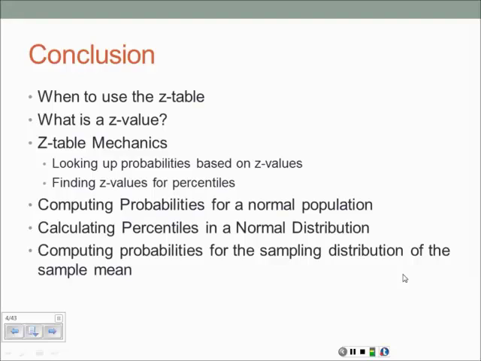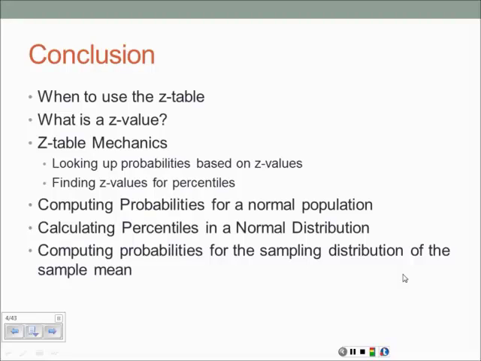And then finally, we computed probabilities for the sampling distribution of the sample mean. Again, this is the central limit theorem, and this is really going to be sort of the underlying theory for much of what we do the rest of the course. So make sure you get this. When sample size is large enough, the sampling distribution is going to be a bell curve. In this case, we went in the same kind of order as we did for computing probabilities for a normal distribution, but now z was the number of standard errors from the mean.